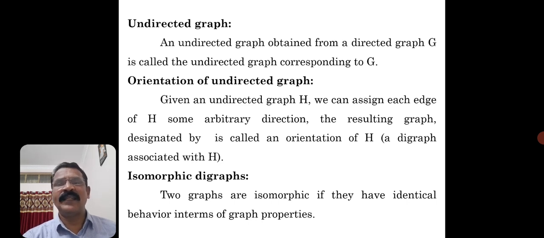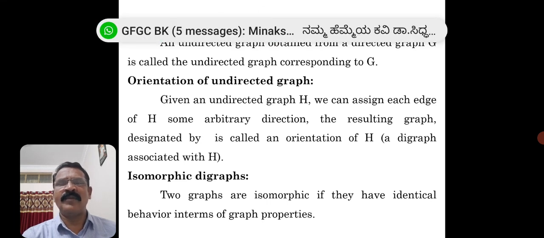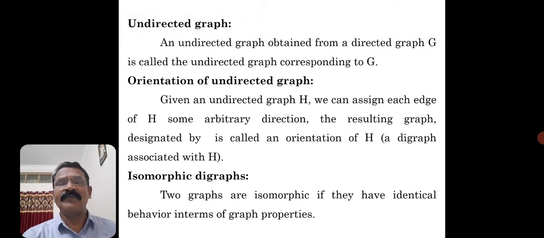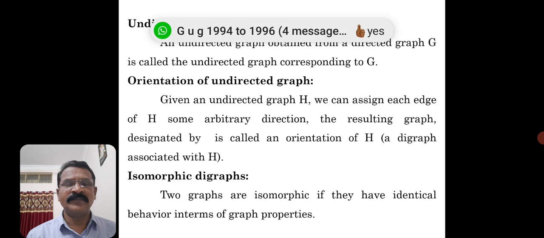For example, in the case of undirected graphs, if I consider a cycle C5, then its complement is again a cycle. So C5 and C5 bar, the complement of C5, are isomorphic. So do not get confused between those graphs and directed graphs, this is just a comparison. Two graphs are isomorphic if they have identical behavior in terms of graph properties, so that is very important.